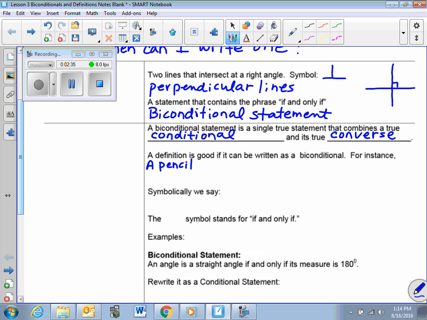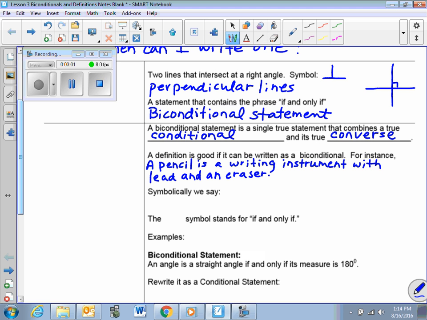A pencil is a writing instrument with lead and an eraser. And yeah, I know they don't all have erasers, but a standard pencil has an eraser.